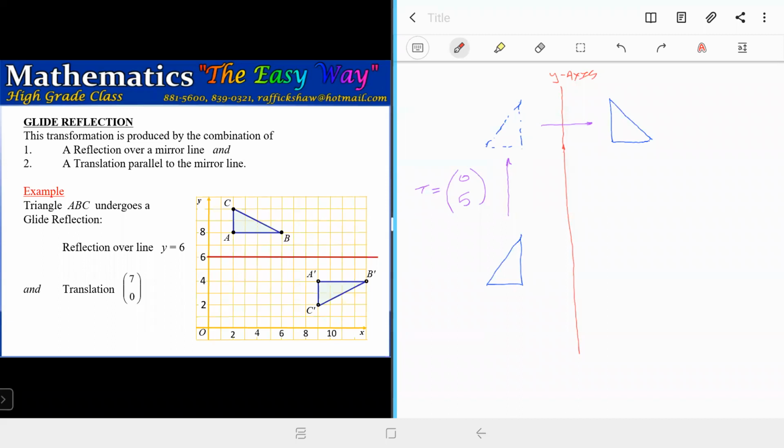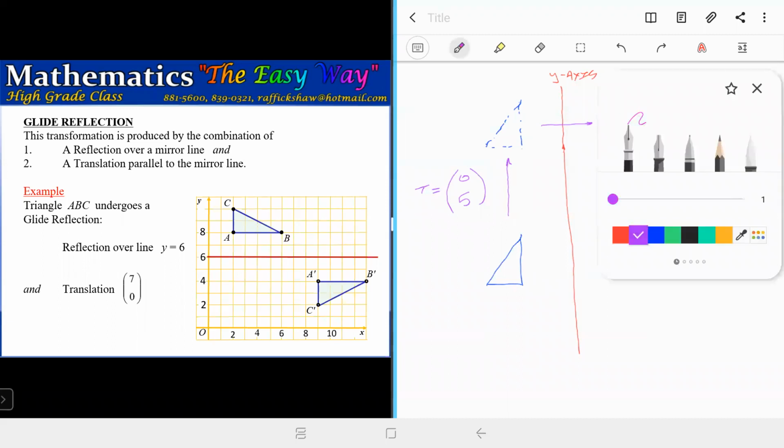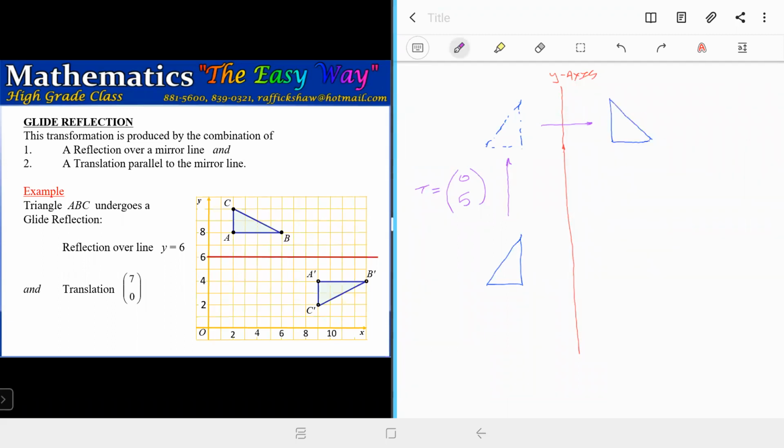Right? My glide reflection. So I can say object, image. O is mapped onto I by a glide reflection.